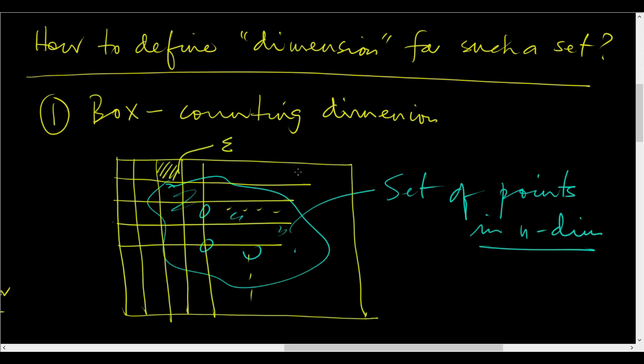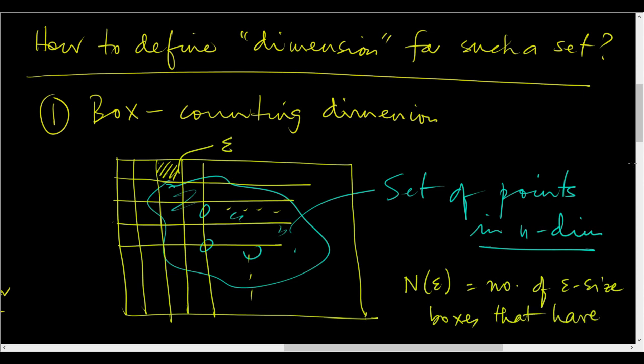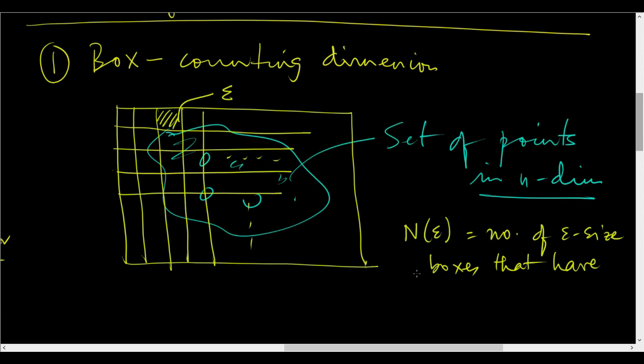Okay, and then you see how many of these boxes have at least one point of the set in the box. So that is N of epsilon, the number of epsilon size boxes that have at least one point from the set of interest.